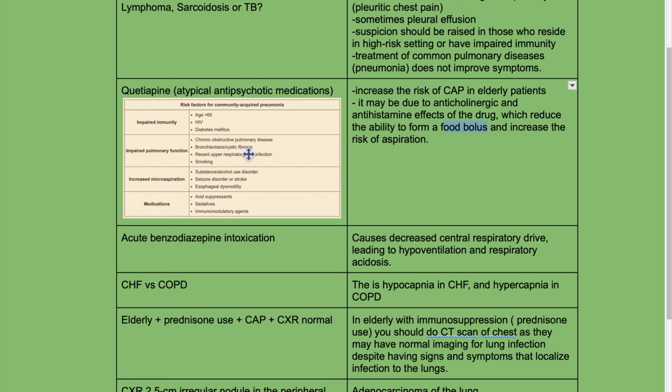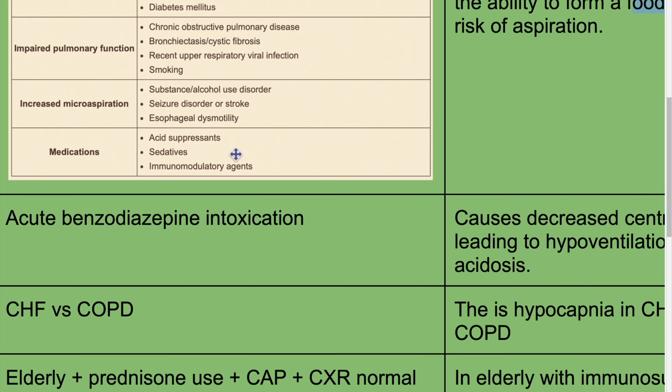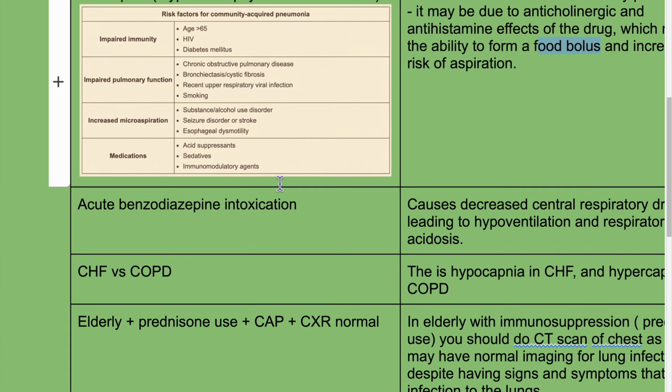Risk factors for CAP or community-acquired pneumonia: impaired immunity, age more than 65, HIV or diabetes mellitus; impaired pulmonary function, COPD, bronchiectasis, cystic fibrosis, recent upper respiratory viral infection, smoking; increased microaspiration, alcohol use disorder, seizure disorder or stroke, esophageal dysmotility; medications, acid suppressants, sedatives, and immunomodulator agents.